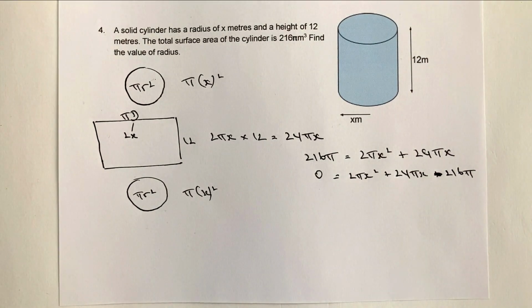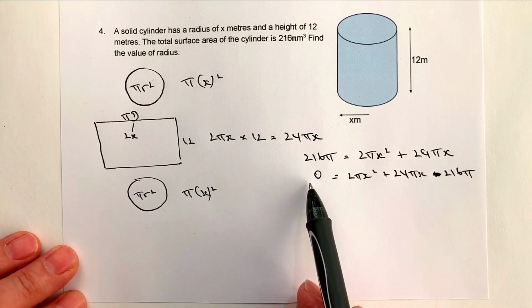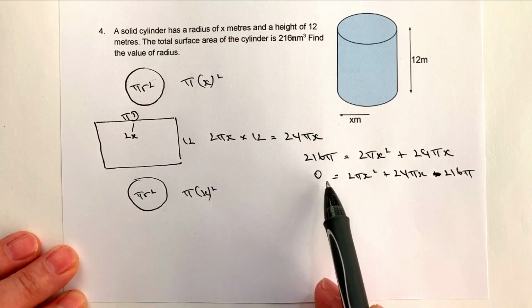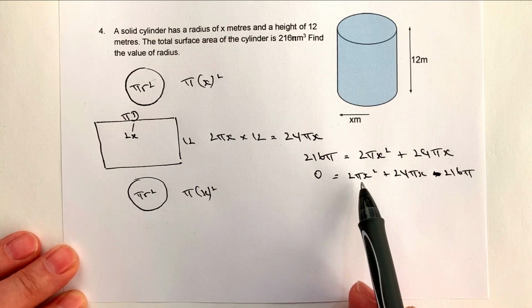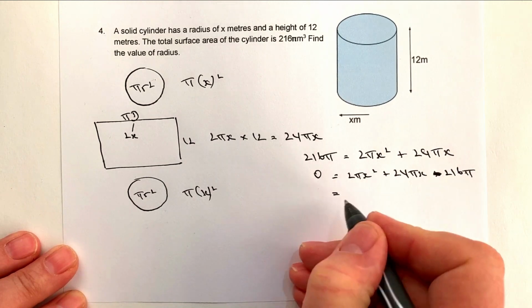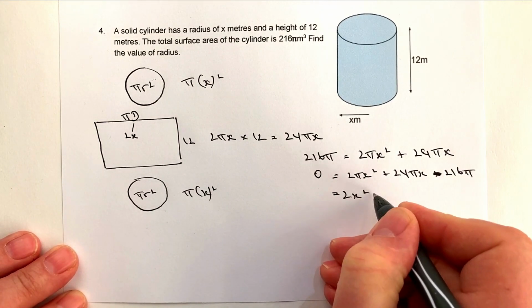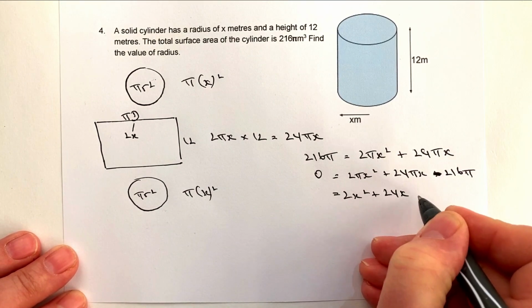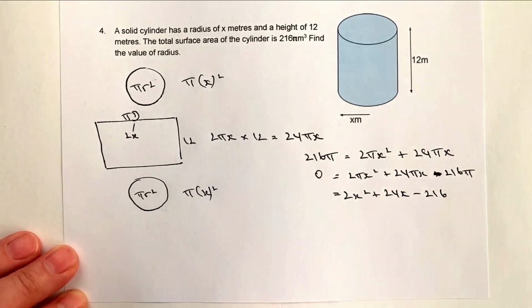Okay, now the next thing I'm going to do is get rid of the pi. I don't really need it. I can just divide through both sides by pi. 0 divided by pi is still 0. Get rid of that one, and that one, and I'm going to get 2x squared plus 24x minus 216.